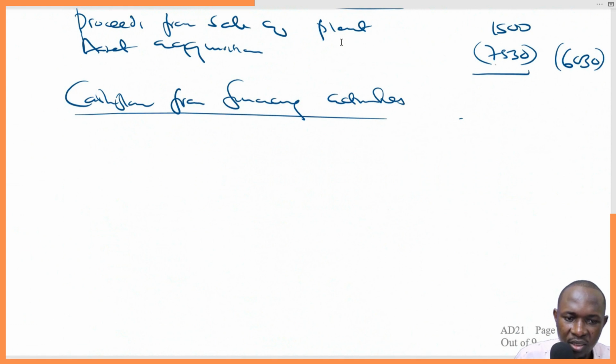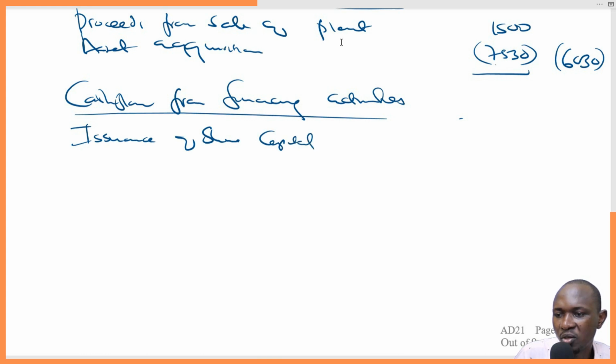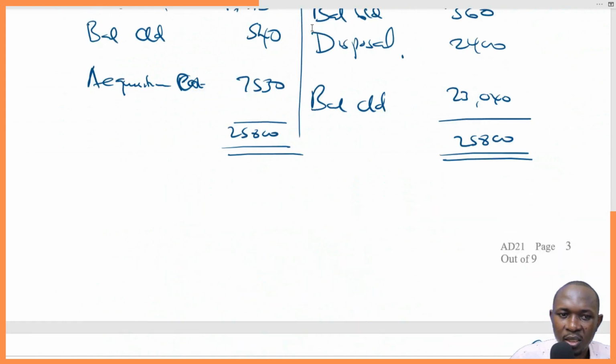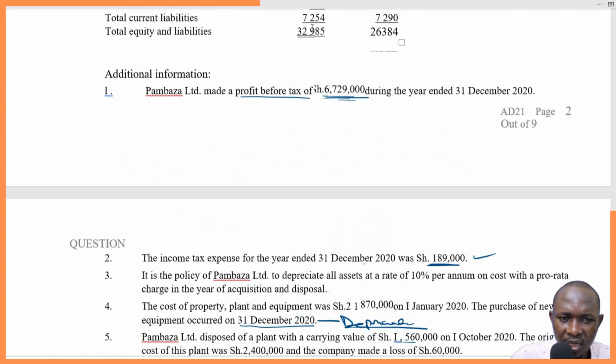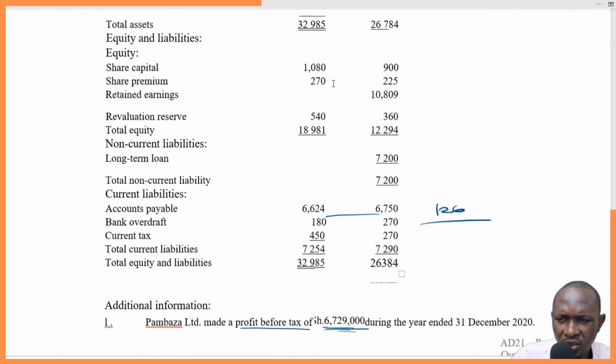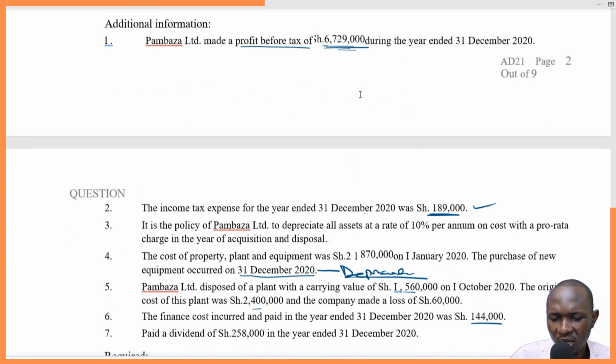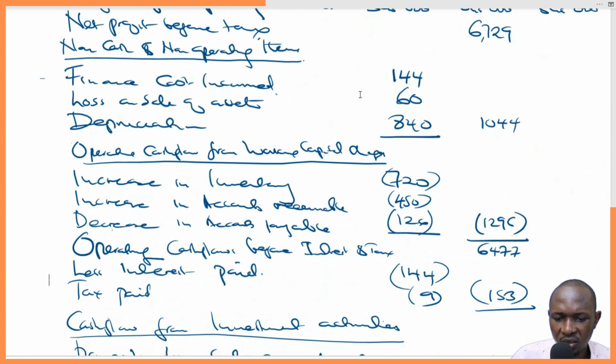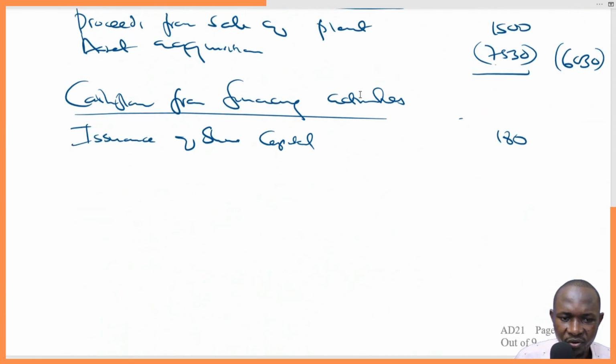So you can simply say issuance of share capital 180. Because it's an increase, it means money coming in. Good. Then the next item is, let's check if we have share premium. There's also an increase of how much? 270, from 225 to 270, that is a 45 shillings increment. So share premium 45 shillings.